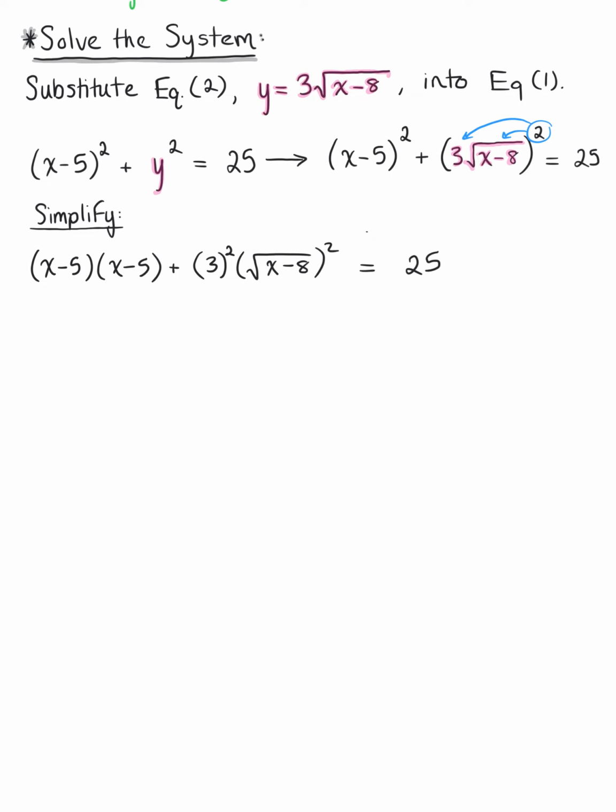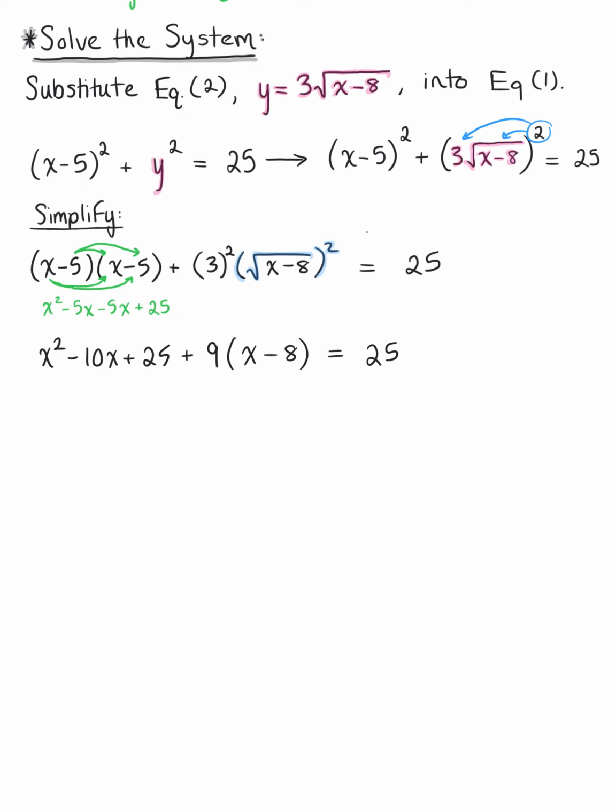Now, applying the FOIL method on the first binomial product, we are left with x squared minus 10x plus 25. And this will now be plus 3 squared, which leaves us with 9. And if we square the square root, this is x minus 8. The square and the square root cancel each other out.